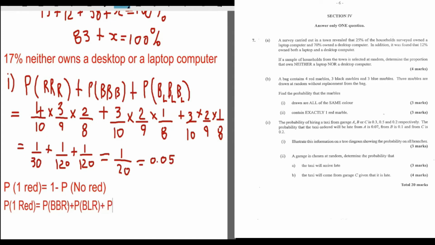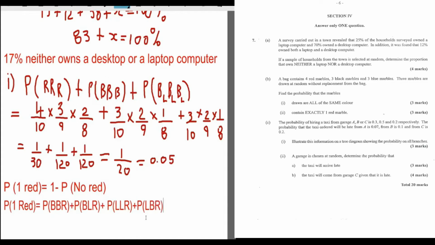Plus the probability of getting a blue, blue, black, and then a red, or a blue, then a black, then a red.